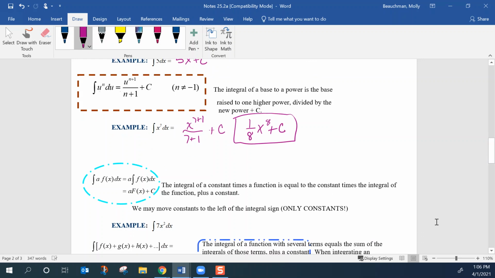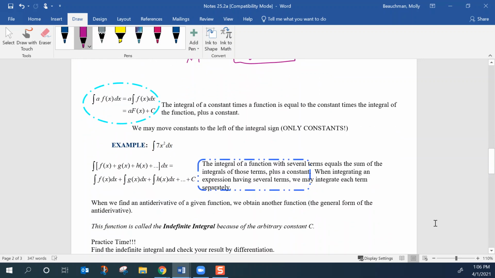So if you have multiple terms or terms with constants multiplied in the front, just like we did with polynomials, if you have a times f of x dx, take your constant a times the integral of f of x. So that means in our example, if we have the integral of 7x squared dx, take your constant 7 times the integral of x squared.